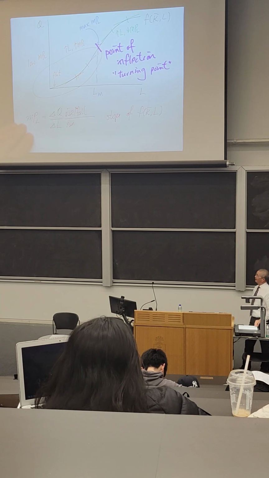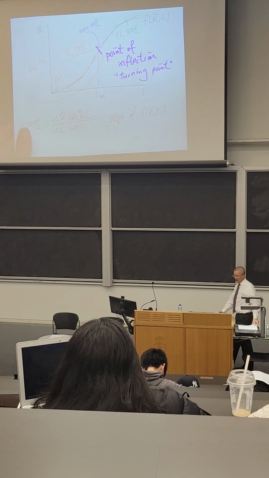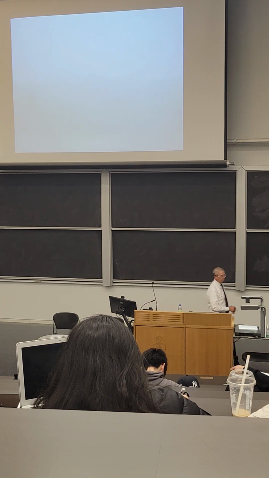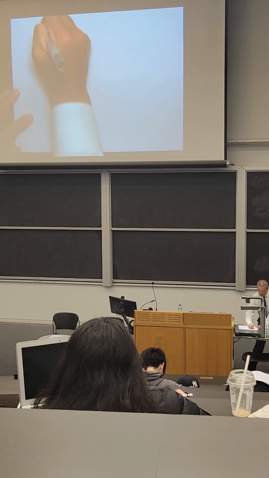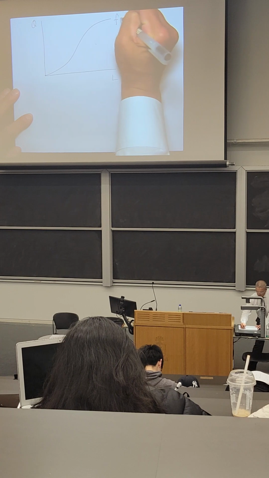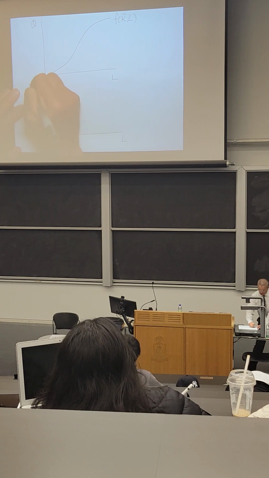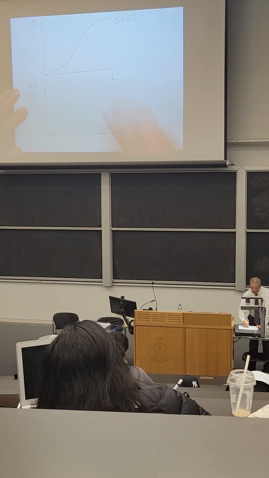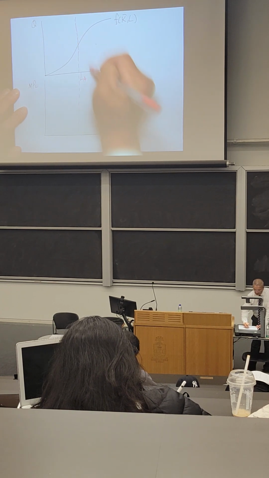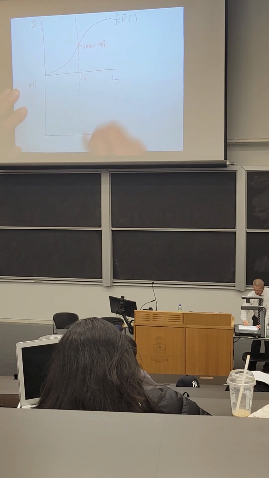Now, let's get a clean graph to show this relationship, like what we did for the average product of labor. Labor input, output, production function. Labor input, marginal product of labor. Somewhere along here, you get the point of inflection. This is where you get the maximum marginal product of labor.